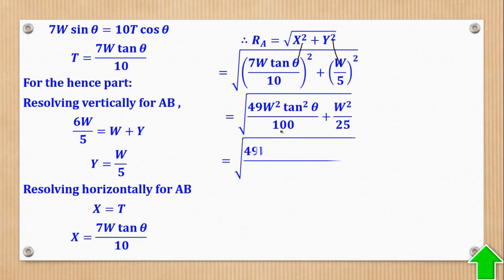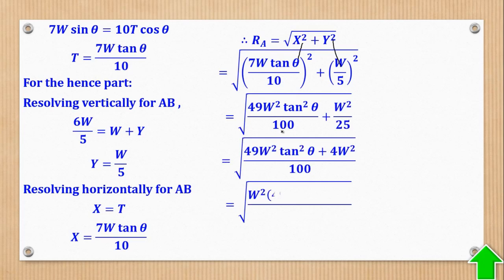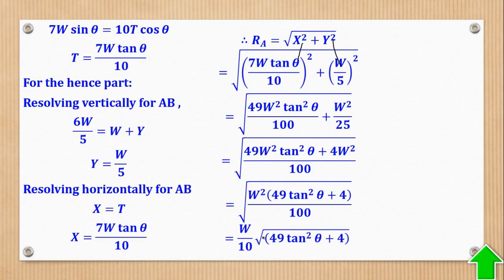LCM is 100, so put everything under one LCM, which is 100, to come up with that. Then I realize that capital W squared is common. I'll pull it out. Then square root of W squared is W, so it can come out. And also square root of 100 is 10, so it can come out. Remain with only 49 tan squared theta plus 4 inside. And that is what was required.